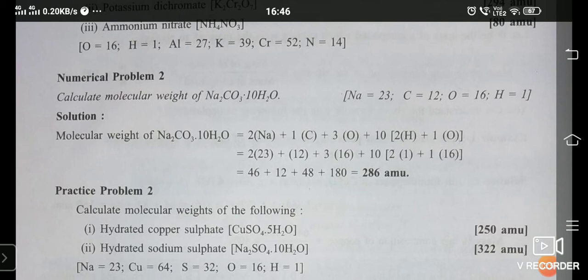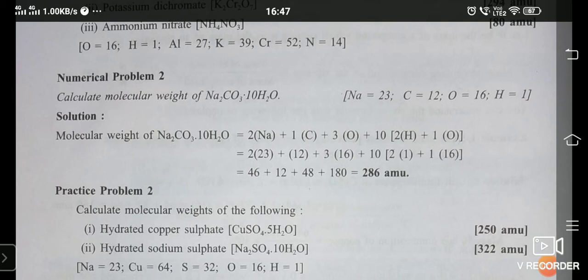I'll give a hint for you because this homework I am giving you online in my lecture. The question says, calculate molecular weight of the following: hydrated copper sulfate. Now the word hydrated means contains water of crystallization. The molecular formula is CuSO4 dot 5H2O.